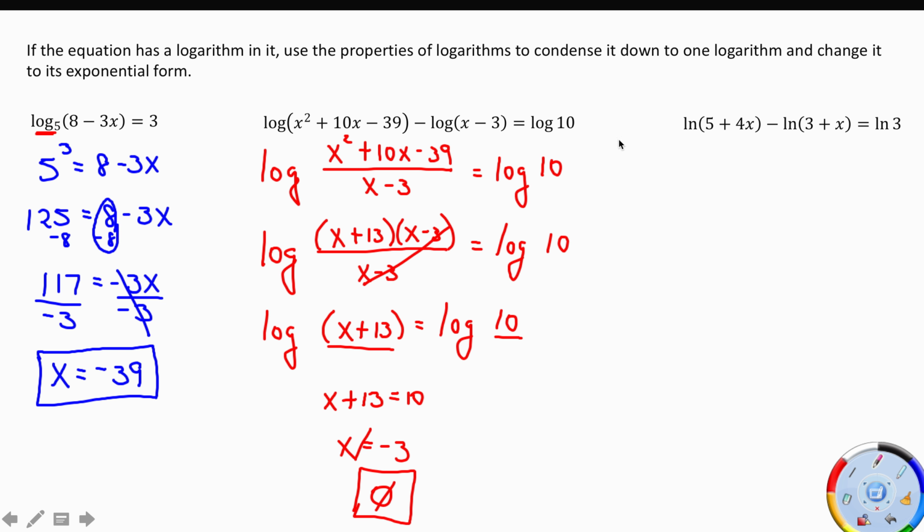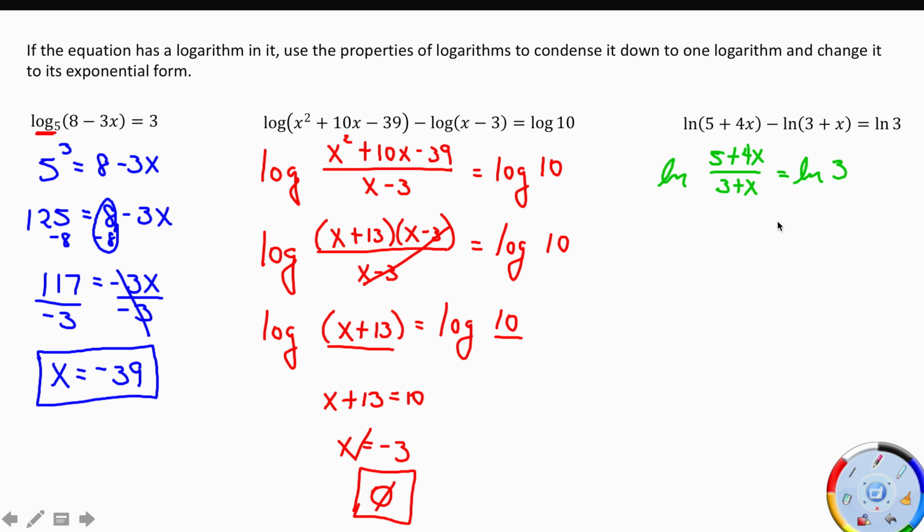Okay, so this is identical to this problem. I've got to combine, and most of them are identical. Combine into one logarithm. So I have 5 plus 4x over 3 plus x.